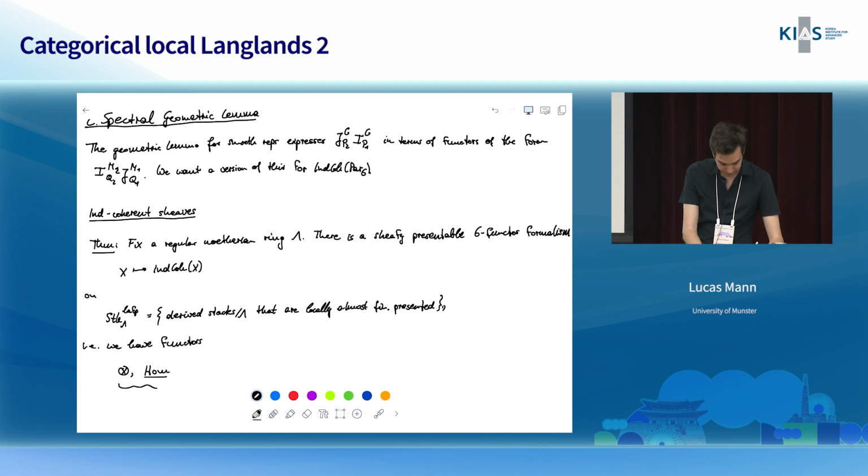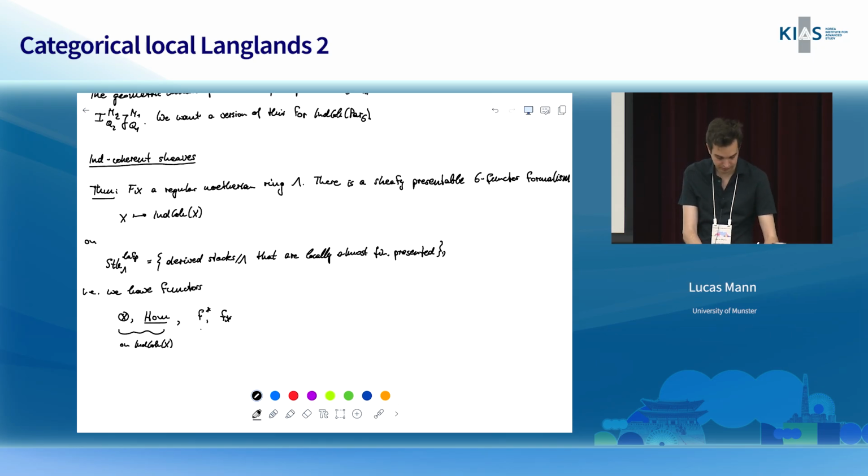So this lives on IndCoh X for any particular stack X. Then we have an f upper star and an f lower star, adjoint functors, and they exist for all f. And then we have another adjoint pair, f lower shriek, f upper shriek, and these exist for what I will call shriekable f in this talk.